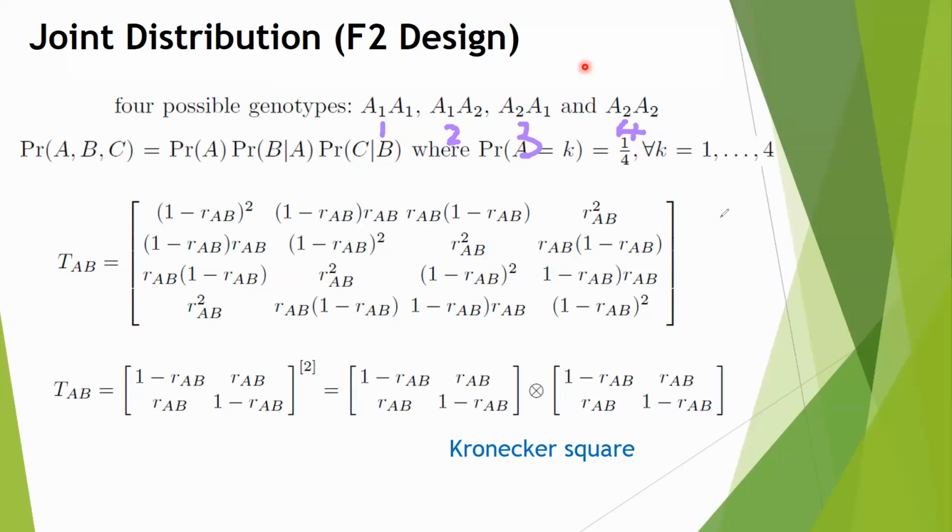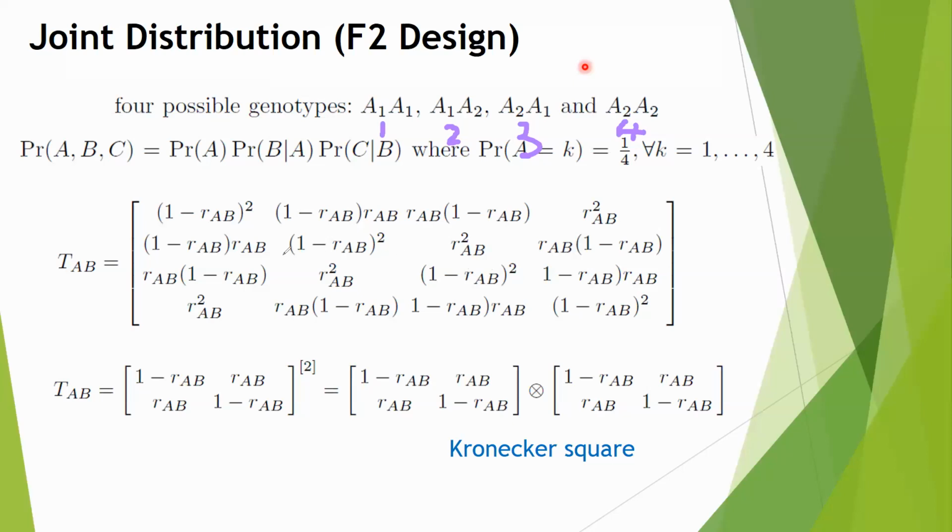For each locus A, B, or C, we have 4 states representing 4 different possible genotypes from this F2 cross.